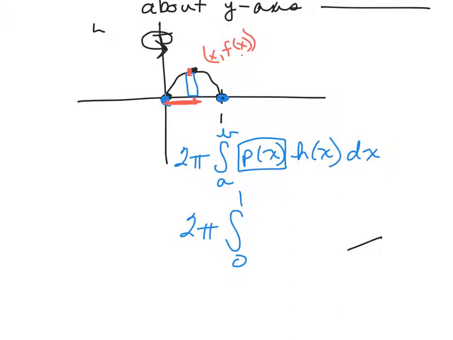It'd just be x, wouldn't it? Because that's how I got to this point. I went that many units to the right, and then f of x units up. So listen, if you're measuring from your rectangle back to the y-axis, that distance is x. Did you hear that? The distance from your rectangle back to the y-axis is x. We're going to use that on many, many problems. So this p of x on this problem is x.